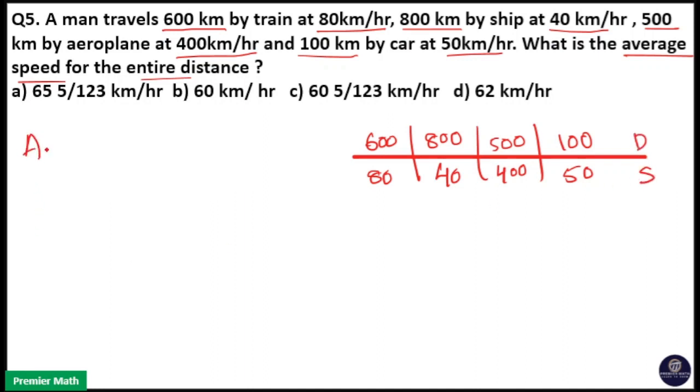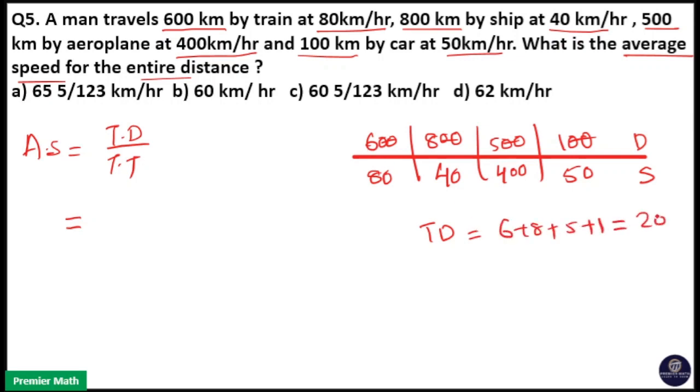This is a direct question, that is average speed is equal to total distance by total time. Here time is not given, so distance is common in both numerator as well as in denominator because time is equal to distance by speed. So I will take the distance ratio, that is 6:8:5:1. So total distance will be 6 plus 8 plus 5 plus 1 part, that is 20 parts.